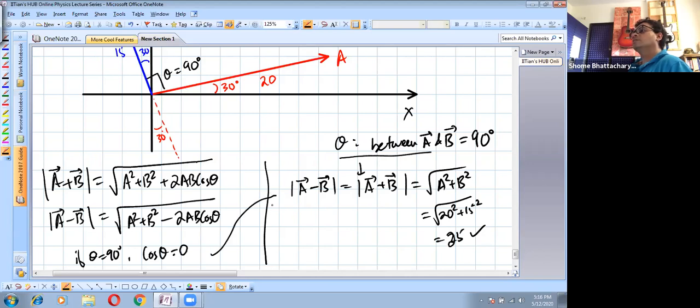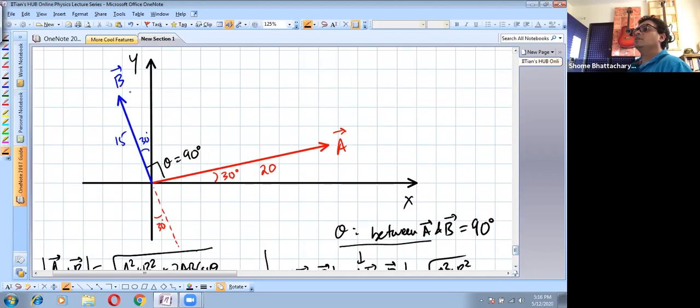And in other words, if you see the parallelogram formed by A and B, this is the vector parallelogram. It's in fact a rectangle. Because this angle is 90 degrees, this is a rectangle. So rectangle has equal diagonals, no?